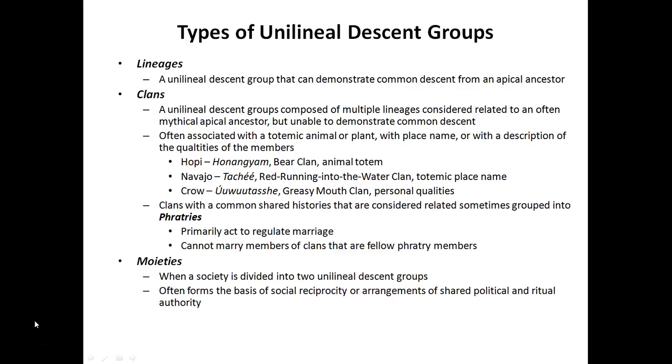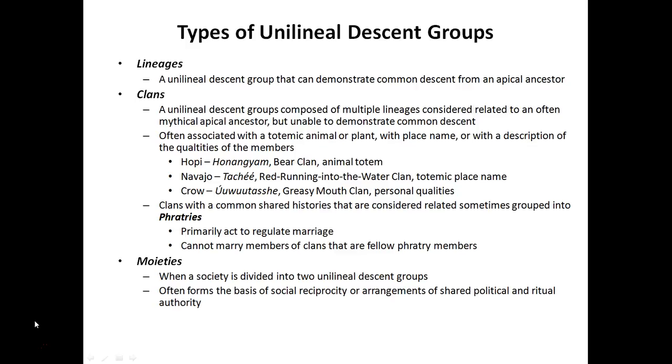As bands came together to form tribes, the different groups of related people that formed these bands continued to often be recognized as distinct within these new larger communities through the principle of kinship that bonded these groups together. Different types of unilineal descent groups emerged, and unilineal descent groups are those that recognize a common descent from a single ancestor.